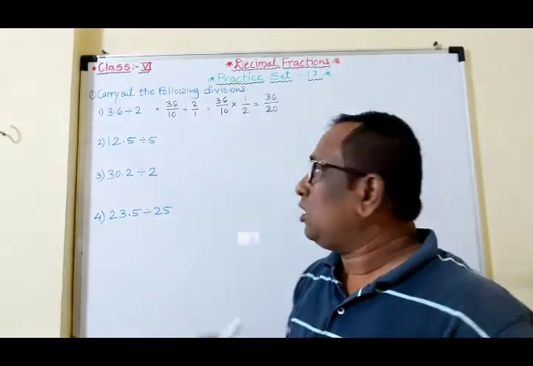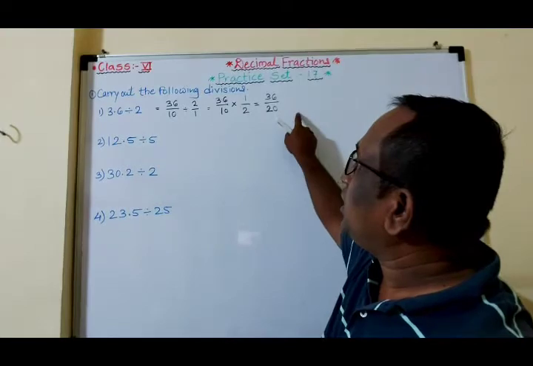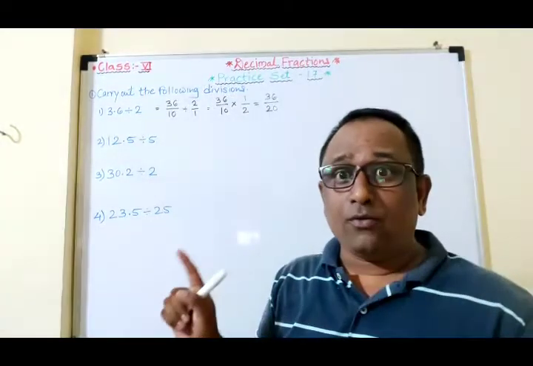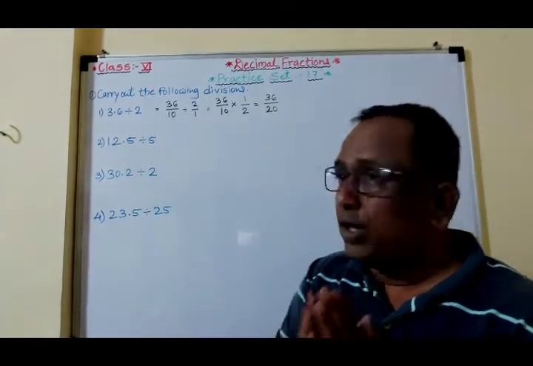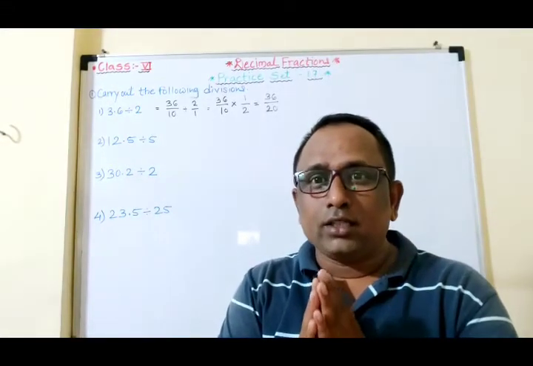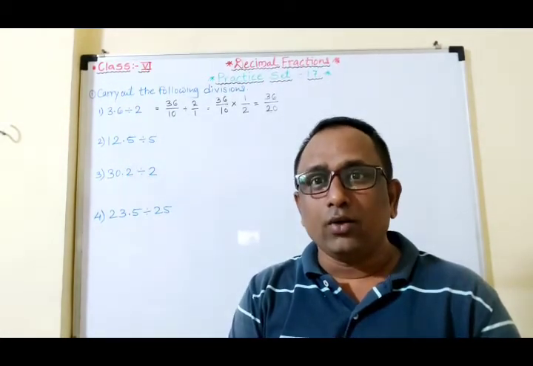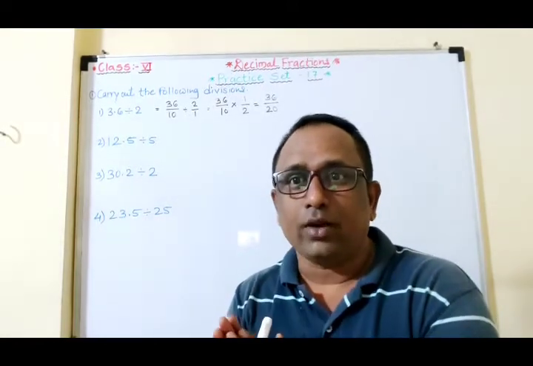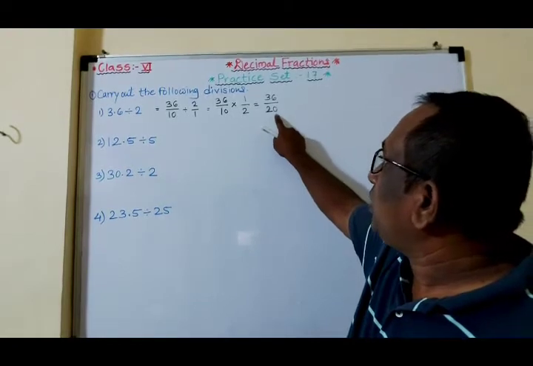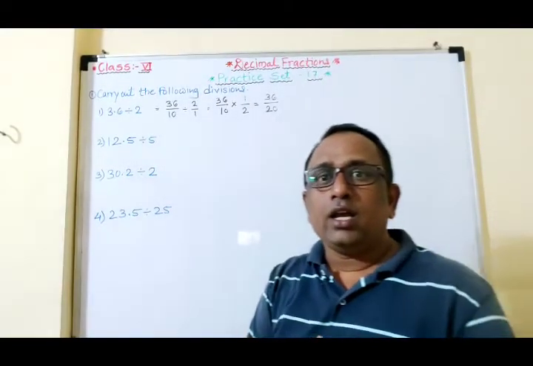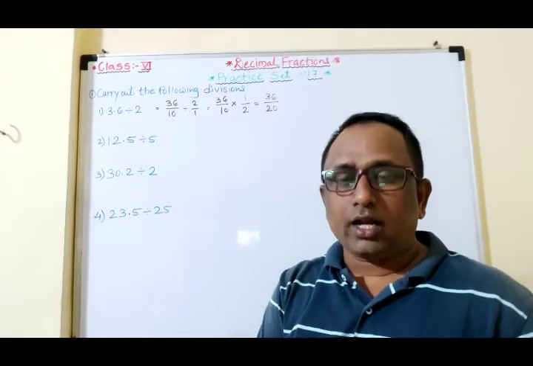Now students, here again we have to find the answer in the decimal form of fraction. So here denominator 20. So we know when the fraction denominator is 10, 100 or 1000, then only we can convert the given fraction into decimal fraction. Here it is 20. So what we are going to do, we are converting this 20 in the form of 100 or 10, that is not possible, then 100 or 1000.